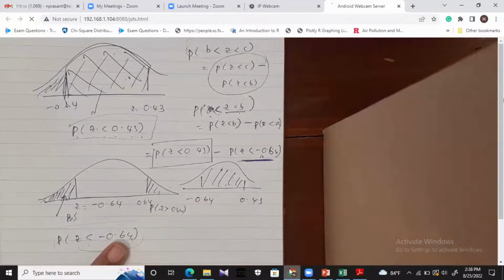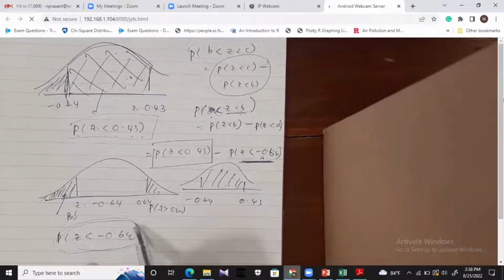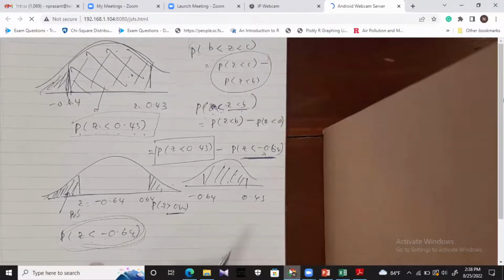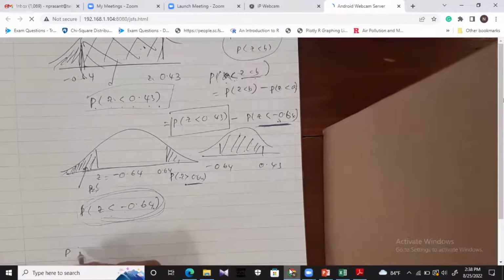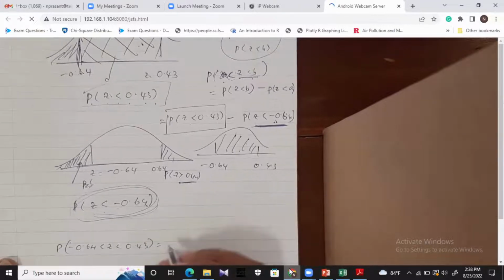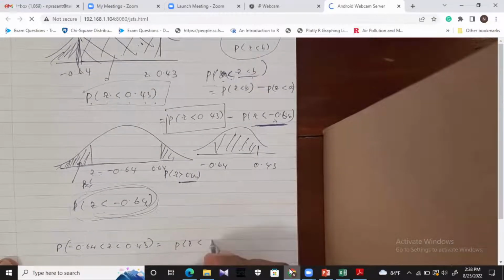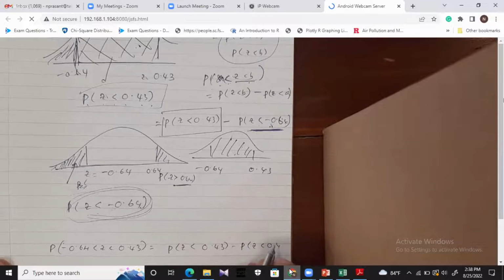Now you have to replace this term by this. So we write the expression.